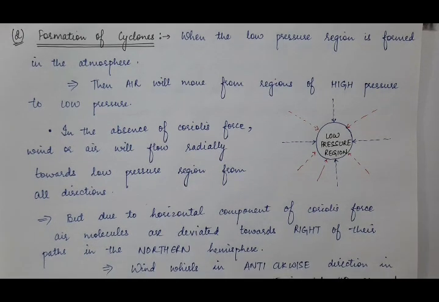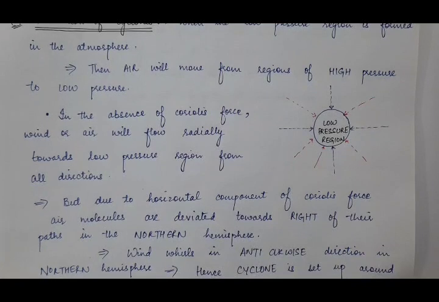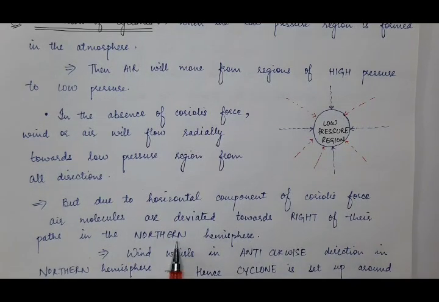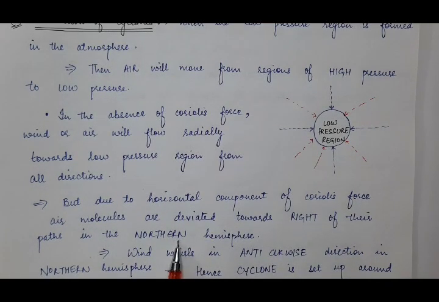Because of this horizontal component of Coriolis force, we know that in the northern hemisphere a particle is deviated towards the right of its path. The same is the case with air molecules. Air molecules will be deviated towards the right of their paths in the northern hemisphere.